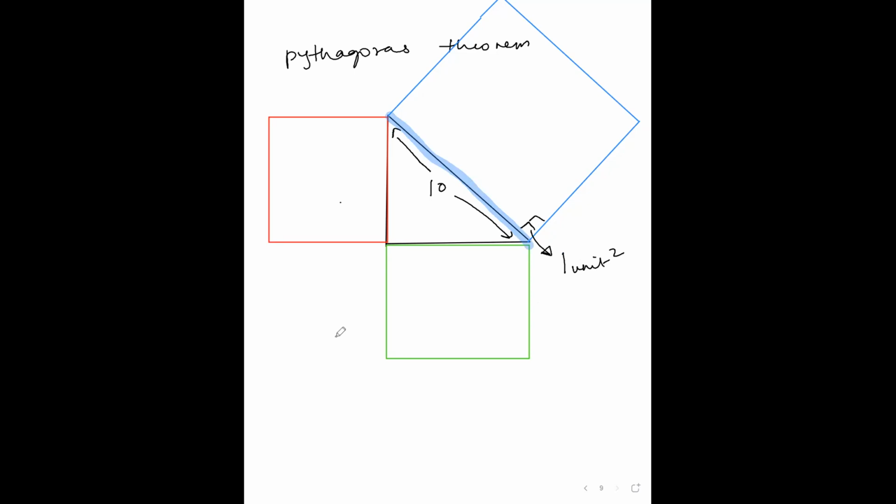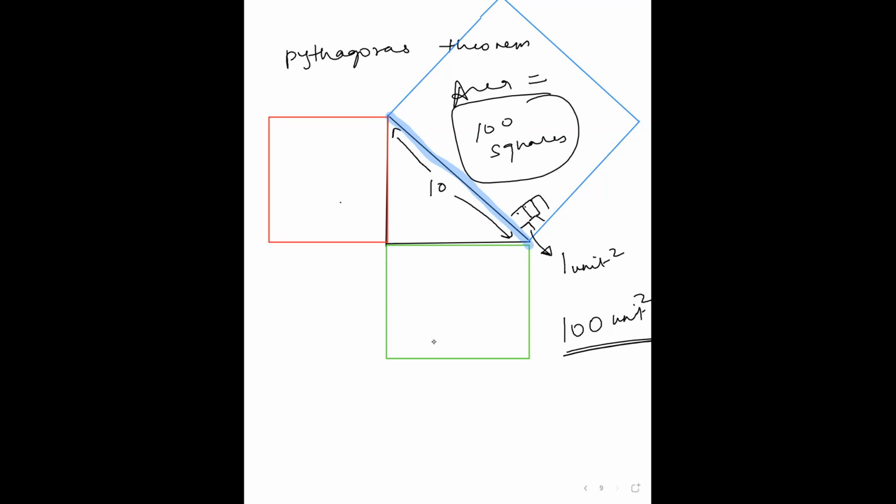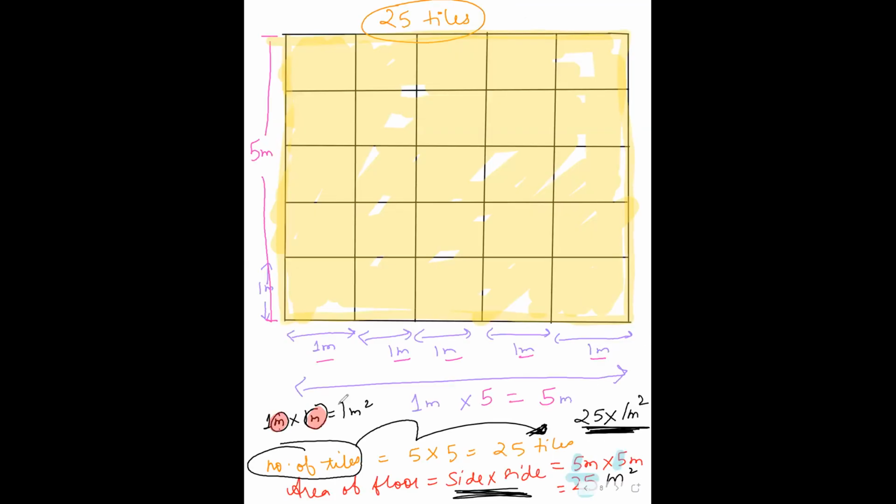What we saw was that it was covering 100 squares. Remember we sat and counted, and it came out to be 100 squares. So 100 squares means its area is 100 square unit or unit square. So that is where we get the concept of multiplying the side with the side.